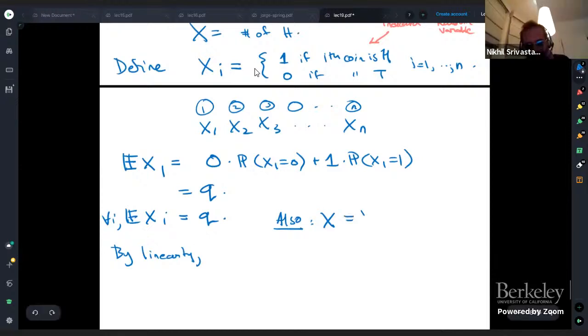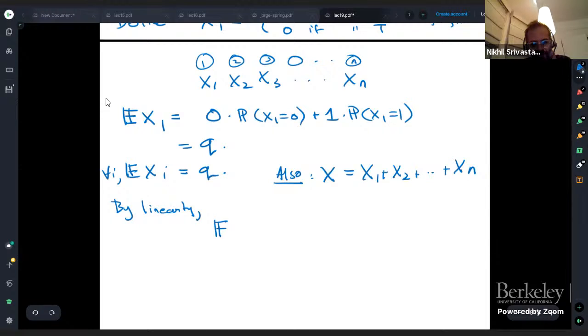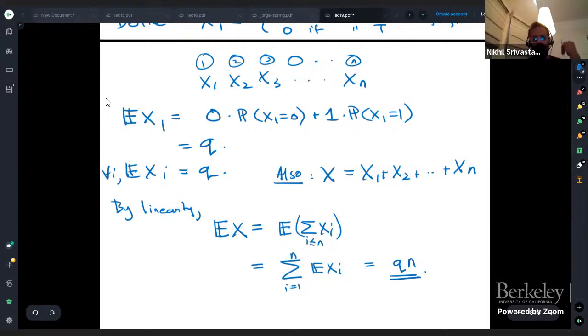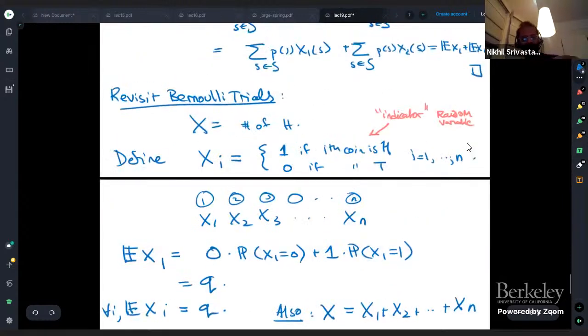So it's X1 plus X2 all the way up to Xn. So by linearity, the expectation of X is equal to the expectation of the sum of the Xi's, which by linearity is the sum of the expectations of the Xi's, which is just, each one is q, so it's just q times n. So this is way easier. It allowed you to study this whole system by studying one coin at a time.